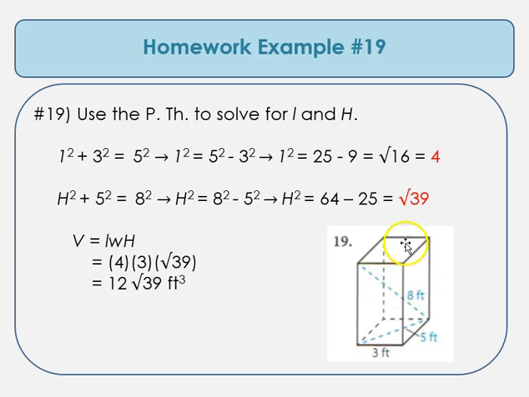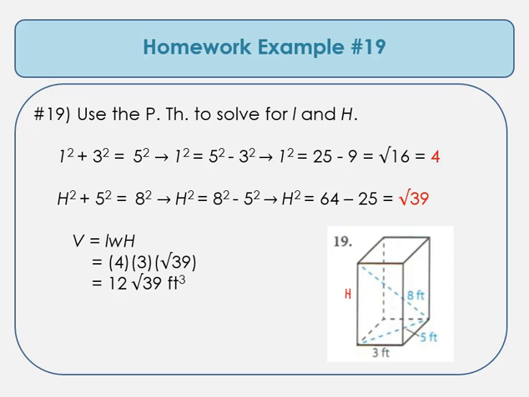Now to solve for H, which we need for our formula, we now have L, which is slant height, is 4. Now we're going to solve for H. It's H squared plus 5 squared equals 8 squared. So it's height squared. Let me write that in there for you. Here's the height, and we're looking at this triangle.